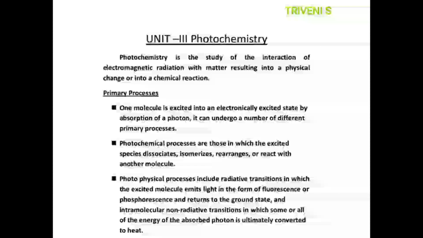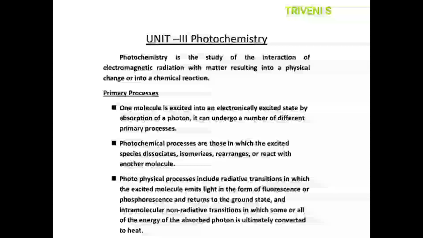I have already told you what is meant by photochemical process: the chemical reaction takes place by the excitation of a species. In that, dissociation takes place, isomerization or rearrangement, or reaction with another molecule. So one molecule is excited into the electronically excited state by the absorption of a photon, and it undergoes a number of different chemical processes. So first ground state, then excited state.